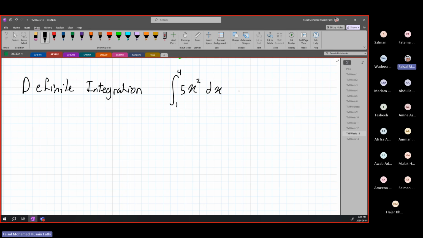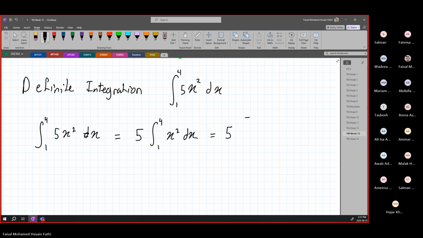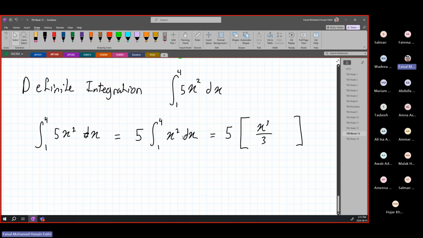So from 1 to 4, 5x squared dx is equal to, again, we're going to just do the normal way we usually do integration, which is 5, the integration from 1 to 4 of x squared dx. I'm just taking the constant out, which is equal to 5, all right? And our integration, which is x cubed over 3, right? Plus 1 divided by n plus 1.